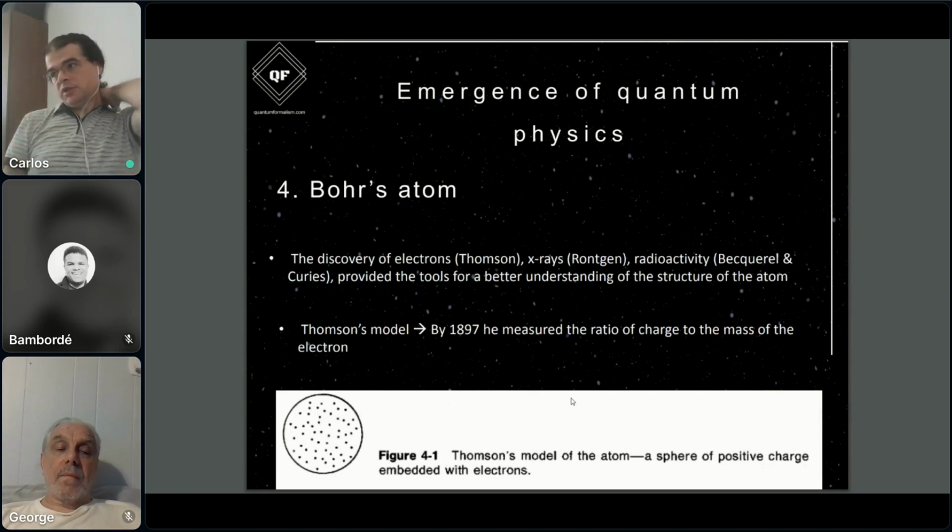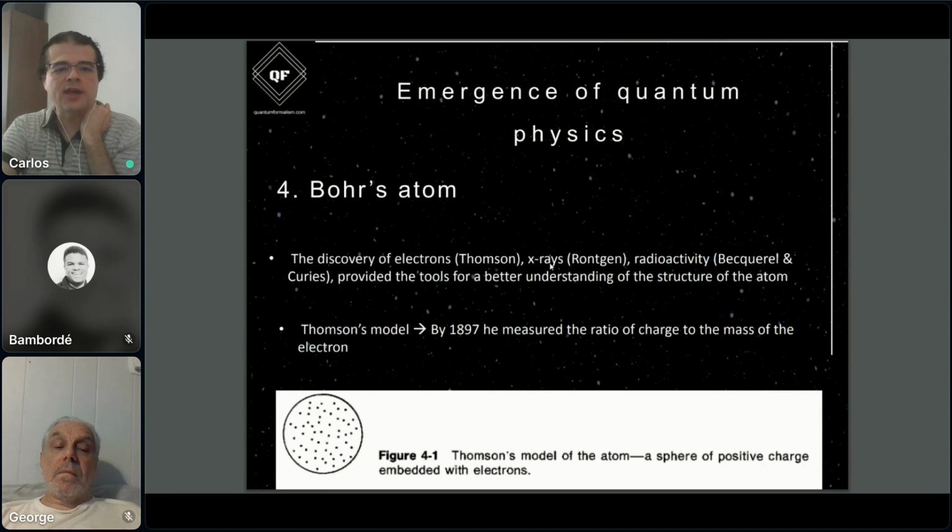Okay, so we have these properties for light, but in the same period, people were also worried about the structure of the atom, atomic structure. At the end of the 19th century, people like J.J. Thomson, Röntgen, Becquerel, and Pierre and Marie Curie provided the tools for better understanding the structure of the atom, like the study of radiation.